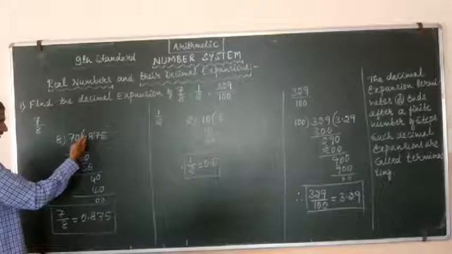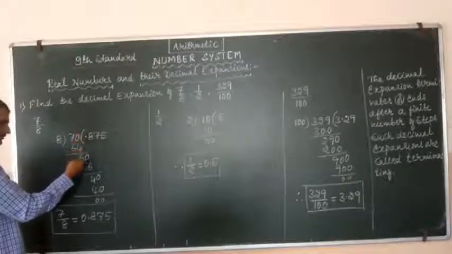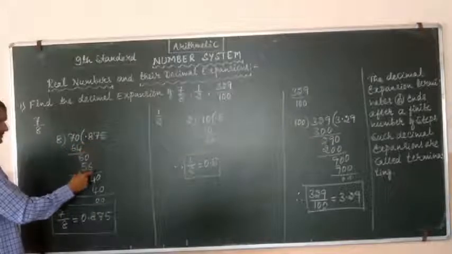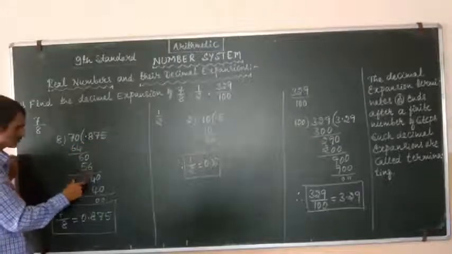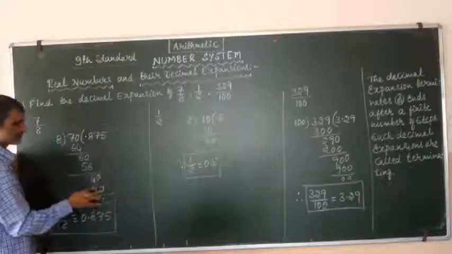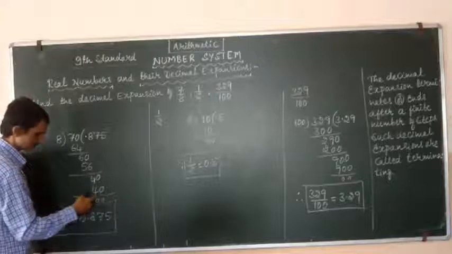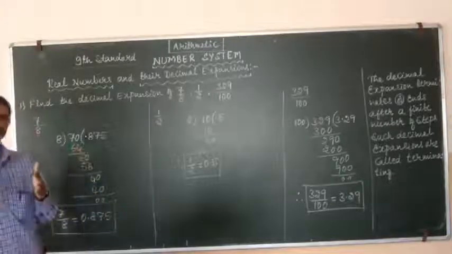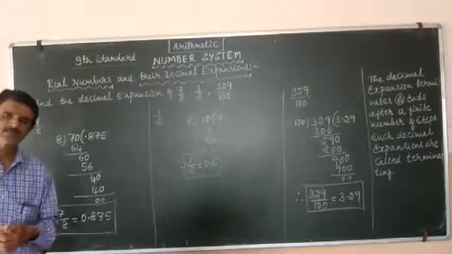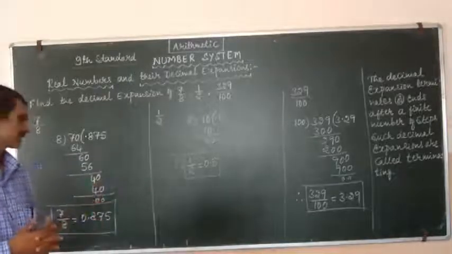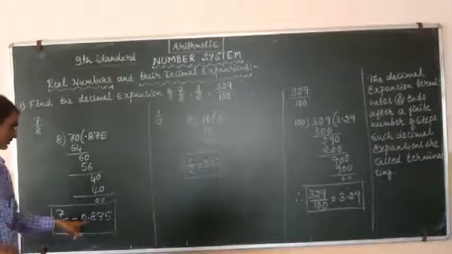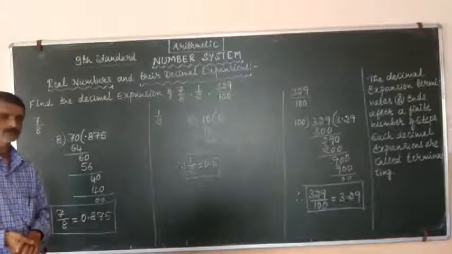We have already taken the point, and 0 will come here. It becomes 60. 8 7s are 56. The remainder is 4. It becomes 40. Then 8 5s are 40. Lastly, the remainder is 0. You have already done this in the previous standards. Therefore, the value of 7 by 8 is 0.875.